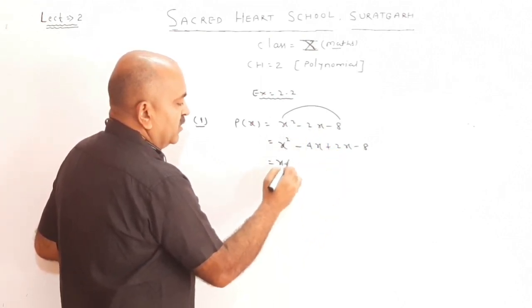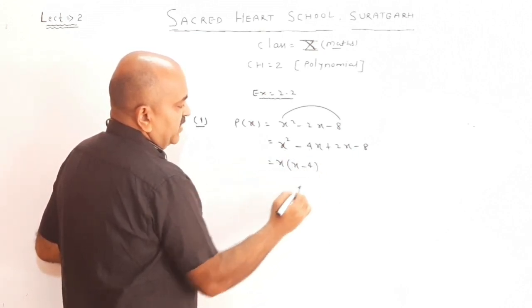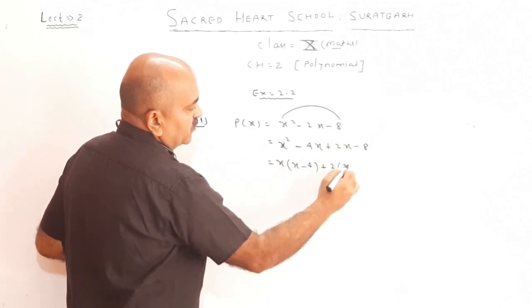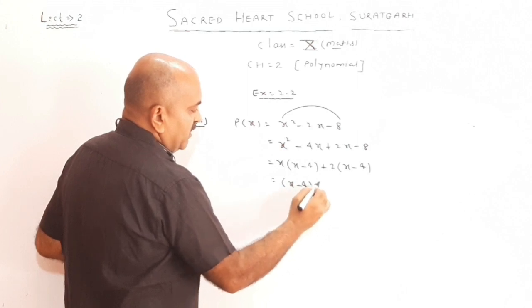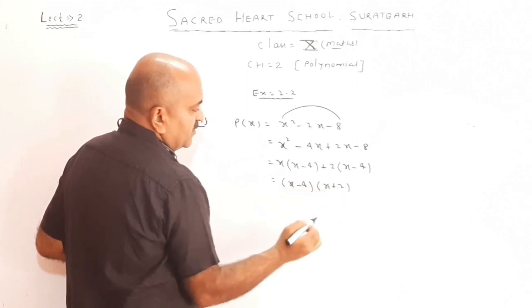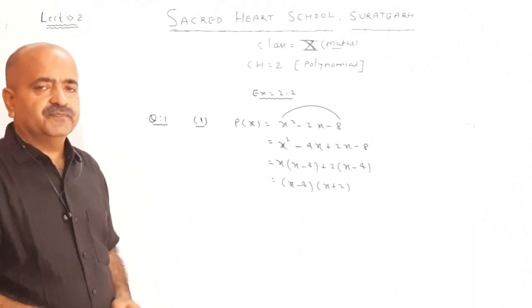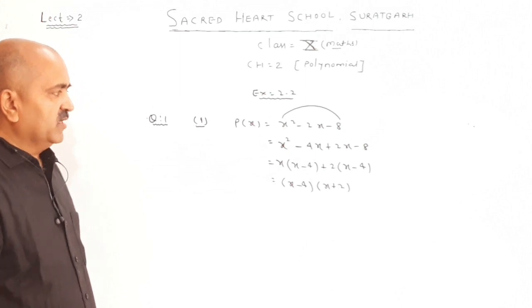Now we take common. What is common in the first two terms? X minus 4. What is common in the last two? 2. X minus 4. So, x minus 4 and x plus 2 are the 2 factors.